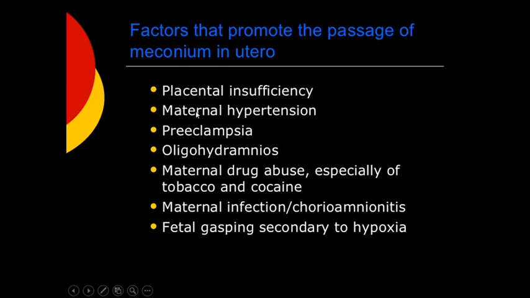Now these are the conditions where the baby can go into fetal distress and pass meconium, resulting in meconium aspiration syndrome. The main cause is placental insufficiency. This could be due to increased blood pressure in the mother, or sometimes a BP rise in the mother associated with other complications.